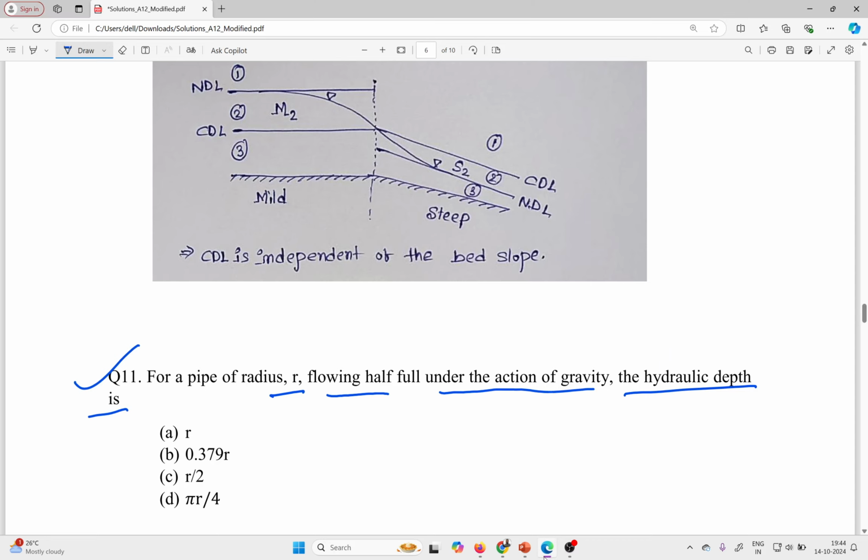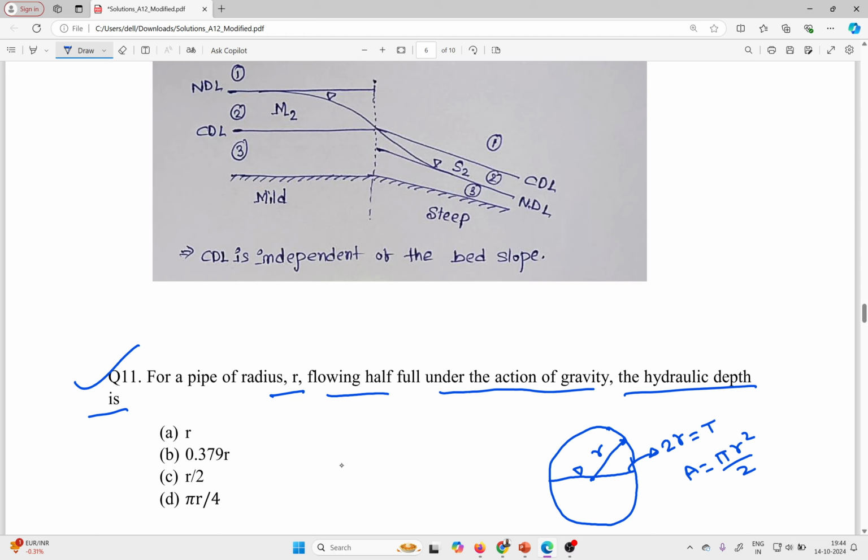So I want to explain. The pipe radius is given as r. Let us suppose a pipe with radius r is given, right? Flowing half full, that is the top width is 2r, right? The area is equal to pi r square by 2, half area.